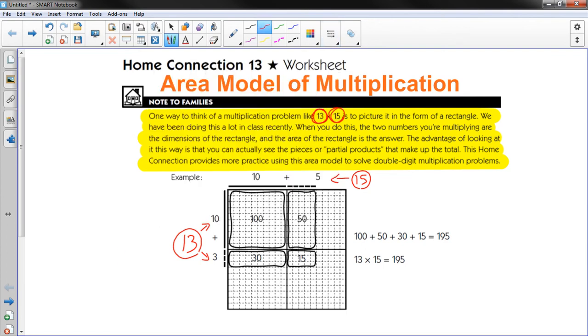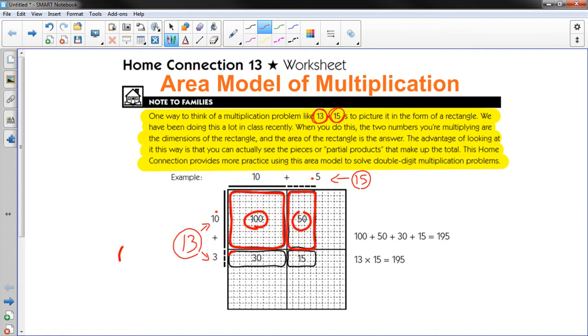So you can see where they did 10 times 10 is 100. And then they did 5 times 10 over here is 50.